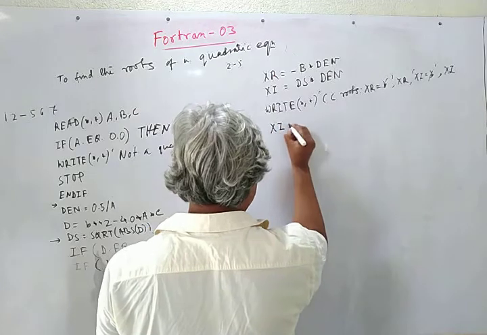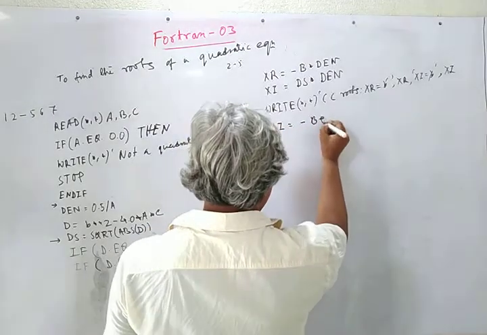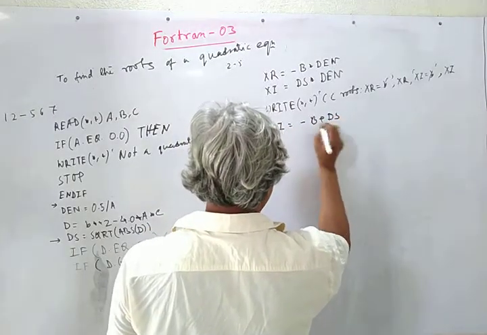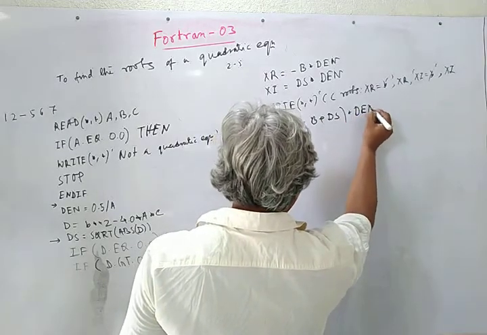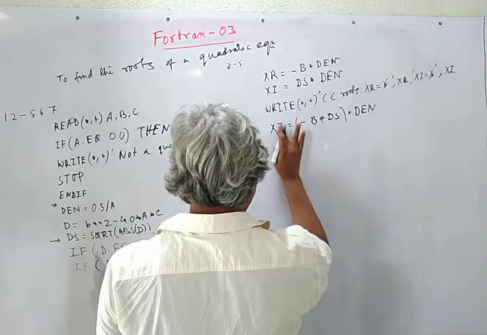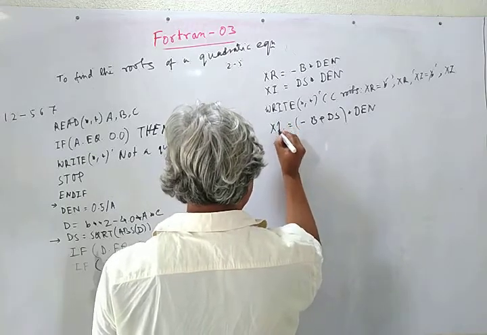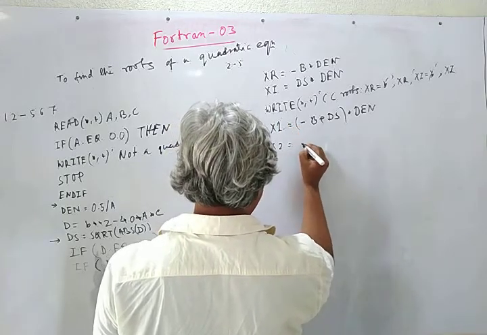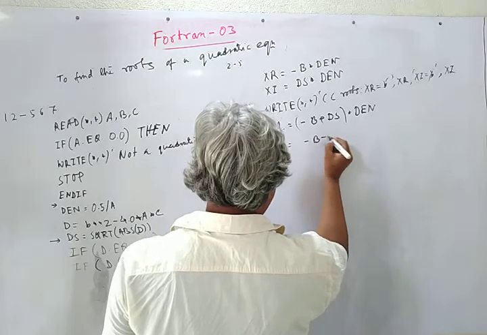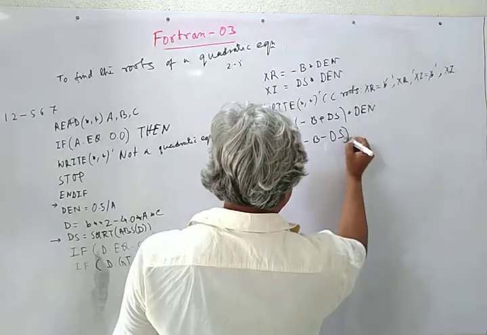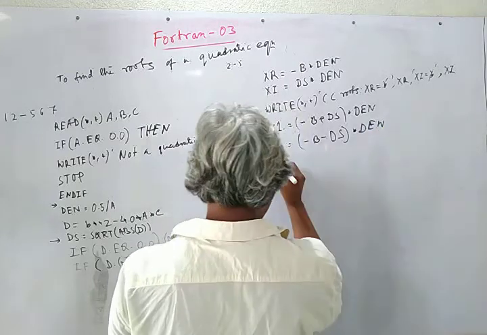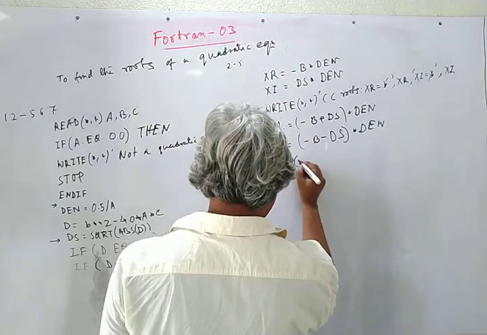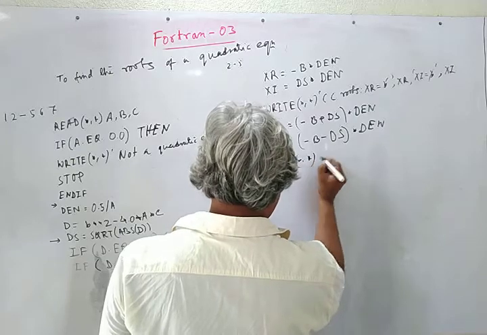So x1 is equal to minus b plus ds star den, and x2 is equal to minus b minus ds star den, and write x1, x2.